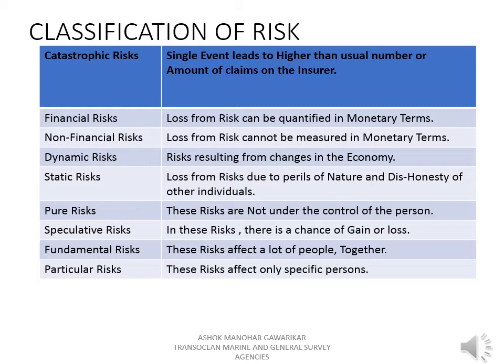Now this catastrophic risk, cyclones and floods, etc., is very difficult to avoid. You can try to minimize the losses attributable to it, but you cannot totally avoid this type of risk. So you should know what a catastrophic risk is, what the loss is going to be, and whether you are exposed to such risk. For example, if you are staying on the hills, then the tidal water is not going to flood your area, but there is a chance of landslide.